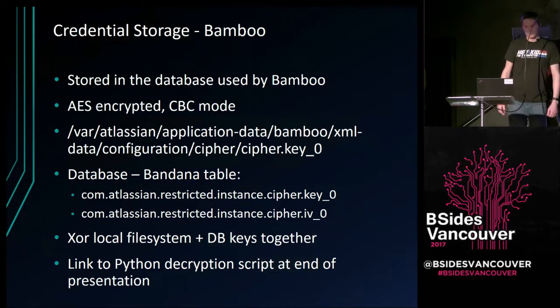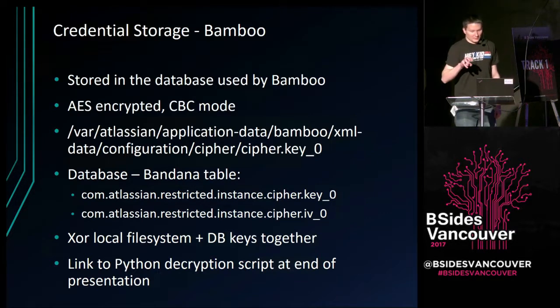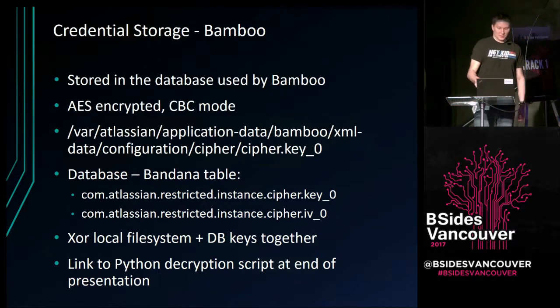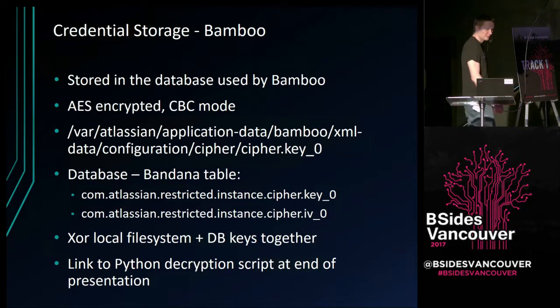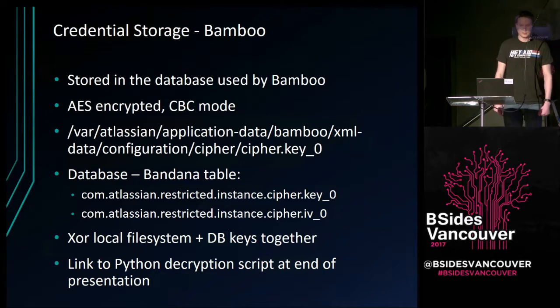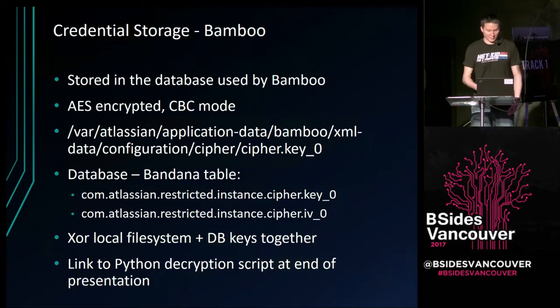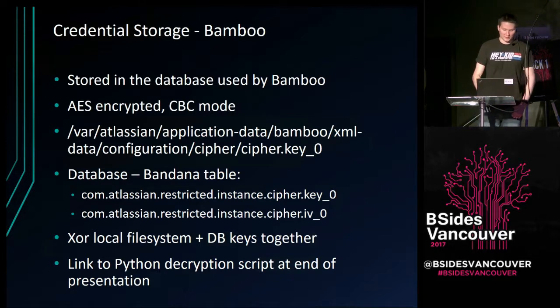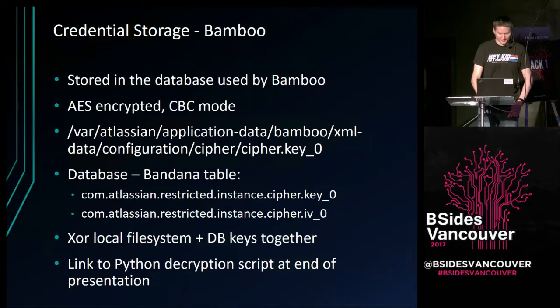It AES encrypts your keys, and it uses a key file on disk that I've got listed out there, cipher.key_0, and then it uses a key that's in its database. It XORs those two keys together, takes the IV from the database, and then can decrypt the secret. I've got a script for that at the end of my presentation as well.